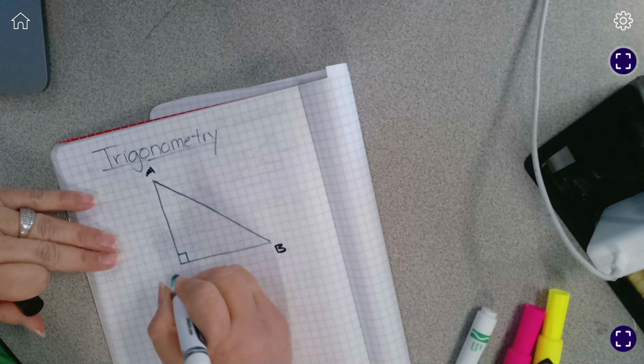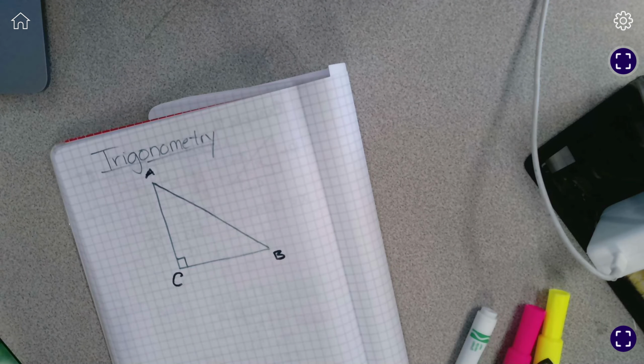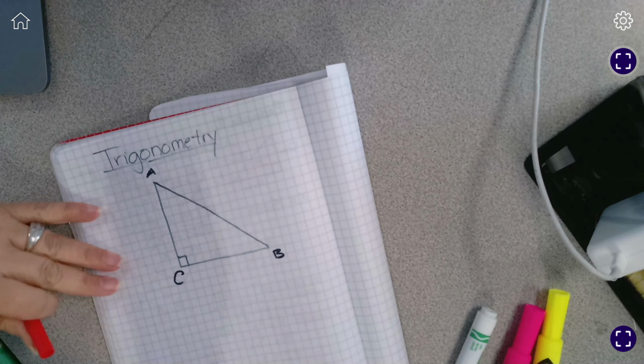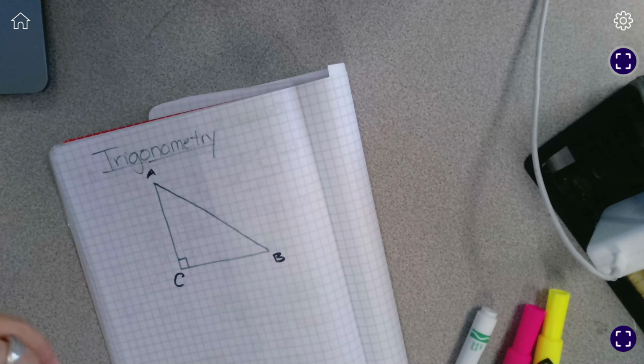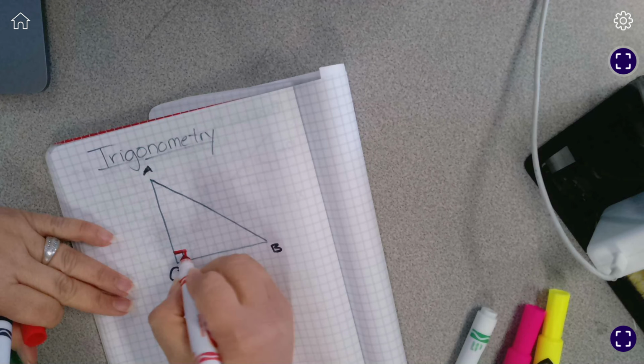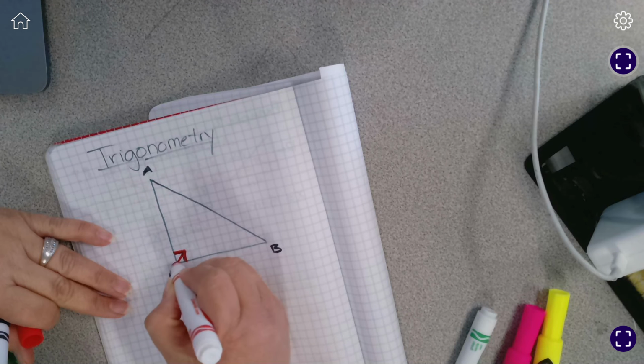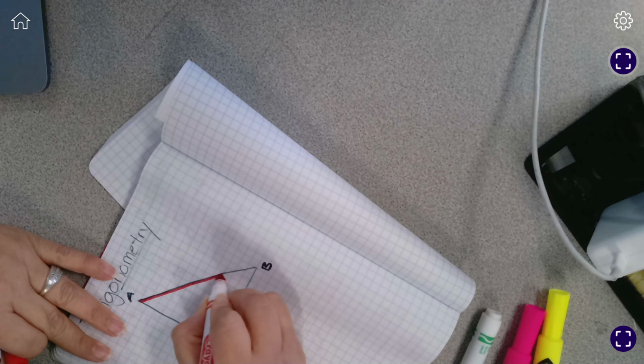So we're going to go, this is triangle A, B, C. And no matter what, if you look here at this right angle, and across from the right angle is this here, which is the hypotenuse.